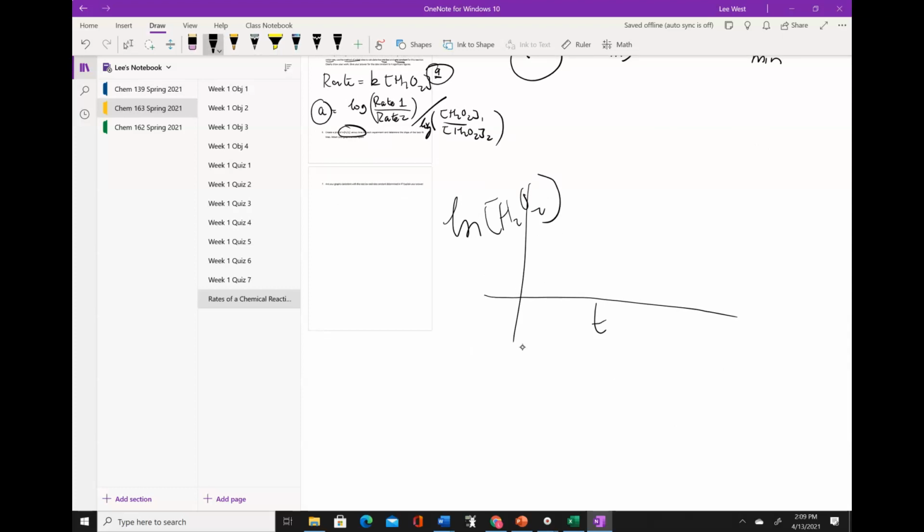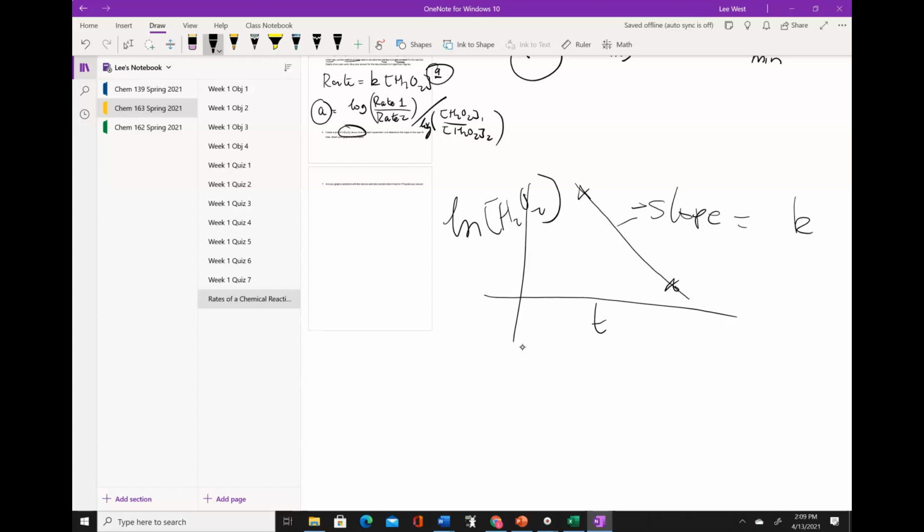Now, if your reaction is first order, that will be linear with a negative slope, and the slope will be equal to the negative of the rate constant, or alternatively, you can say that the negative of the slope is equal to K. So you calculate the slope between 2 points and it will give you K. You're going to do that for both of your experiments.